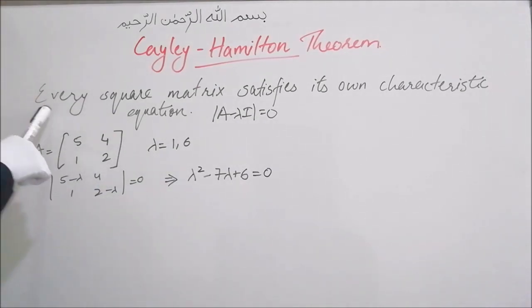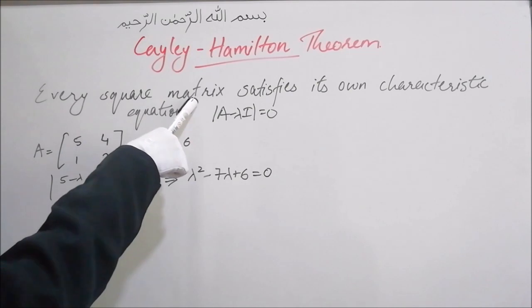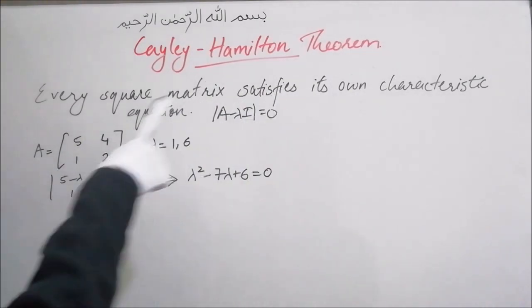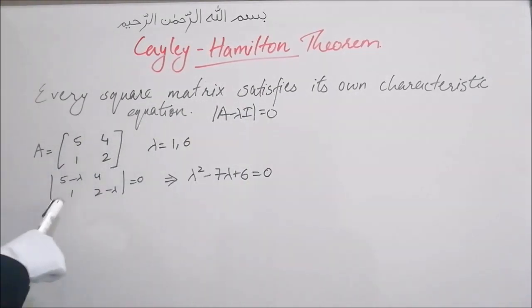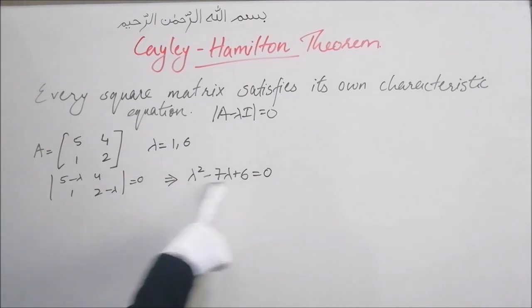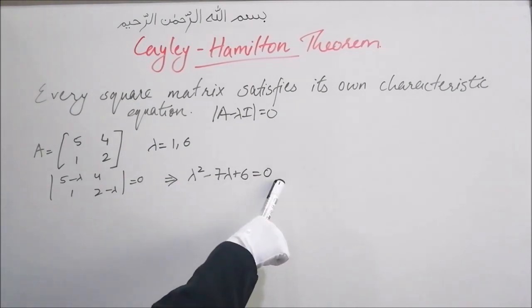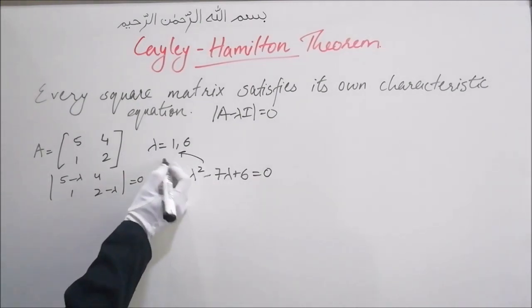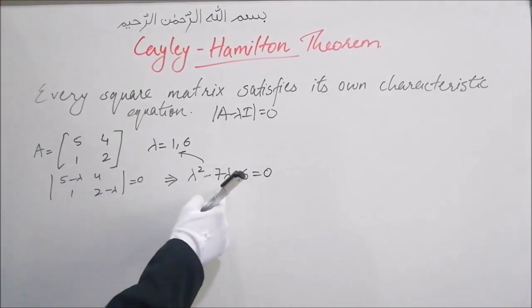As this theorem states that every square matrix satisfies its own characteristic equation, that means when we solved the characteristic equation, we got this equation which gives us the eigenvalues, the solutions lambda.